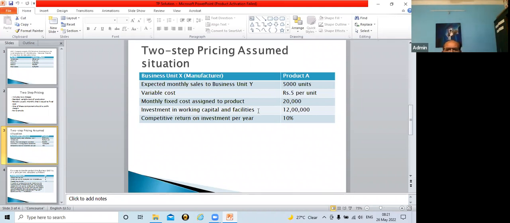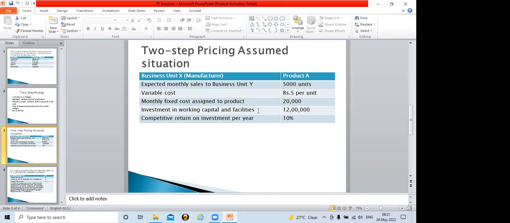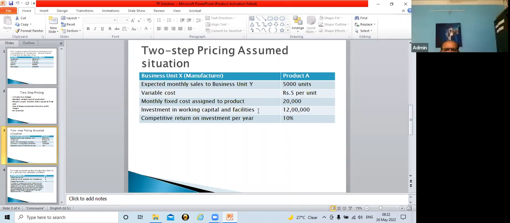Now the next line. Read and tell me what is the next line. Investment in working capital and facilities. How much rupees? 12 lakh. So this unit X has invested in working capital and facilities, and this total investment is 12 lakhs of rupees.